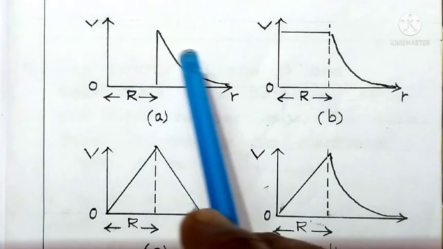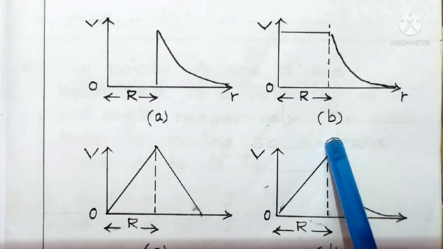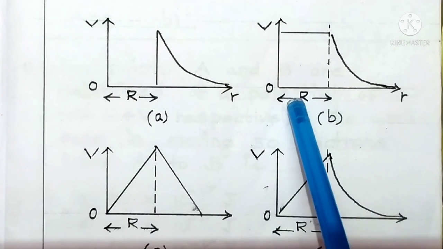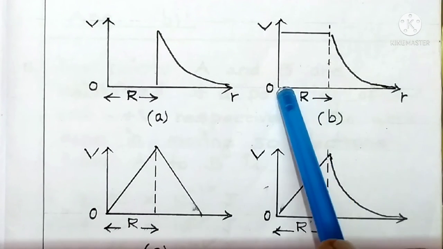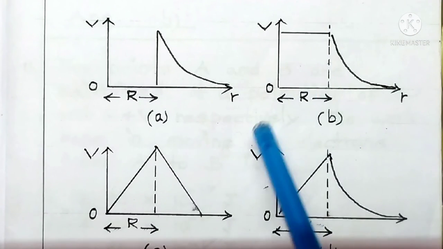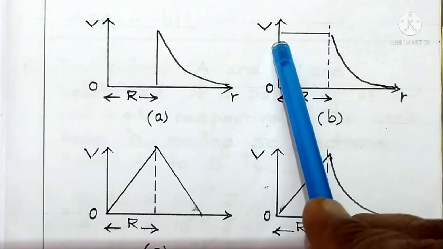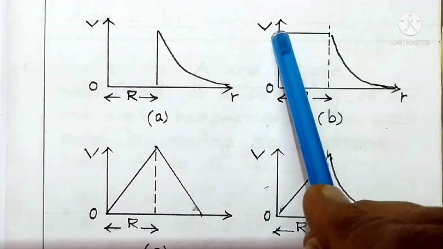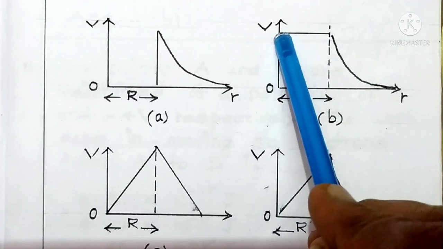Now, have a look at these 4 graphs. In the graph B, from O to this point, this is the radius of the spherical shell. Here the graph remains parallel to the x-axis. That means from here to here, the electrostatic potential remains constant. That is within the shell. Inside the spherical shell, this V remains constant.